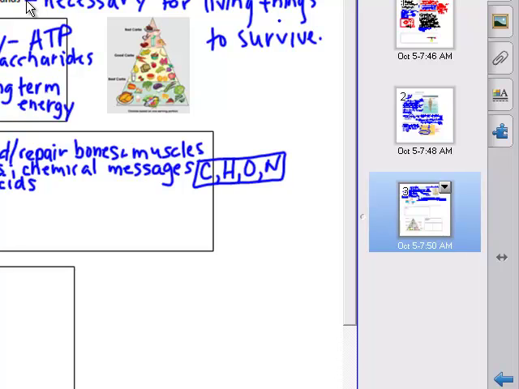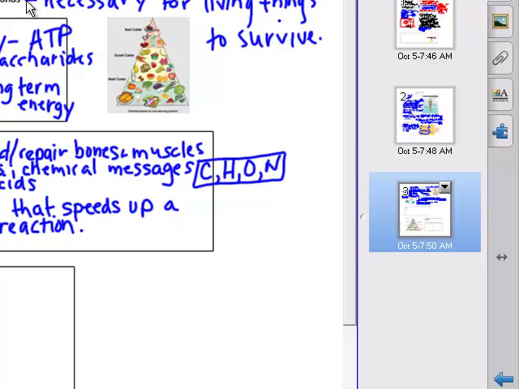An enzyme is a really important part of the proteins. That is one of those chemical messages. Okay, an enzyme is essentially a chemical that speeds up a chemical reaction, let's say, in your body.